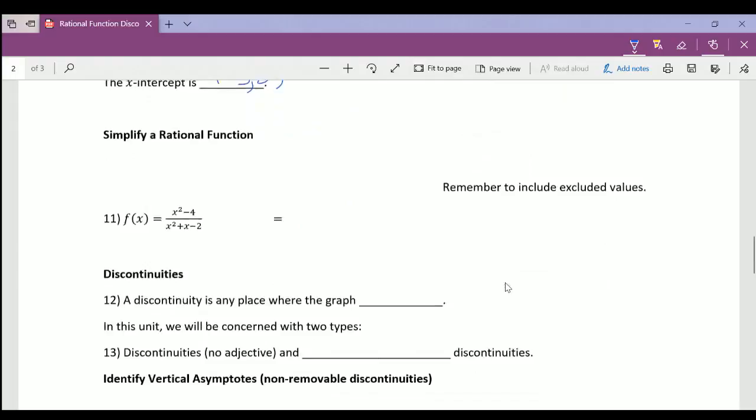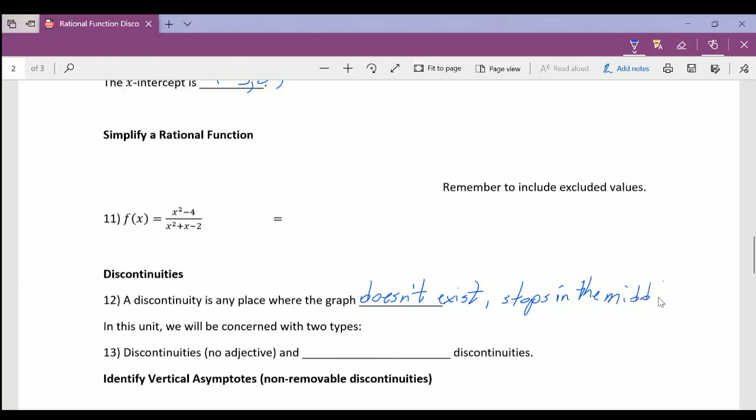Okay, now this entire idea of there being these gaps in the graph, these are all called discontinuity. All right, a discontinuity is any place where the graph doesn't exist. Or you could say stops somewhere in the middle.